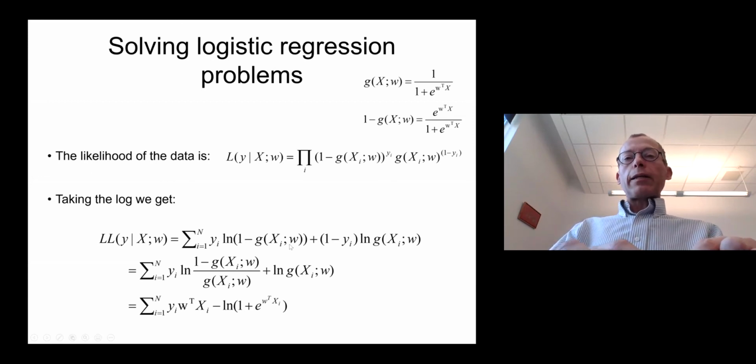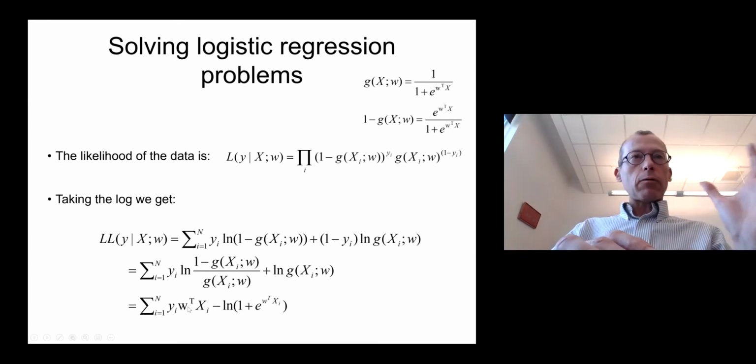This one is 1 minus this, so this becomes a ratio, a fraction of 1 of this over this. If you now substitute g of xw with what it really is, you actually get these two values.